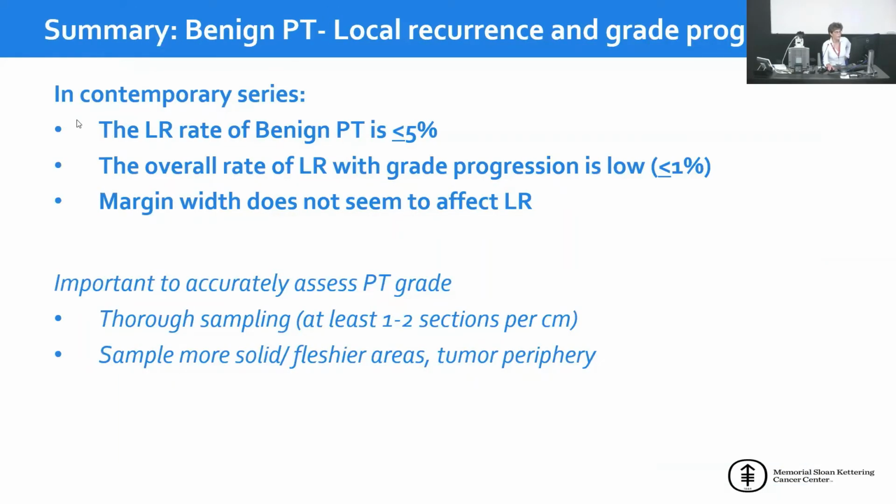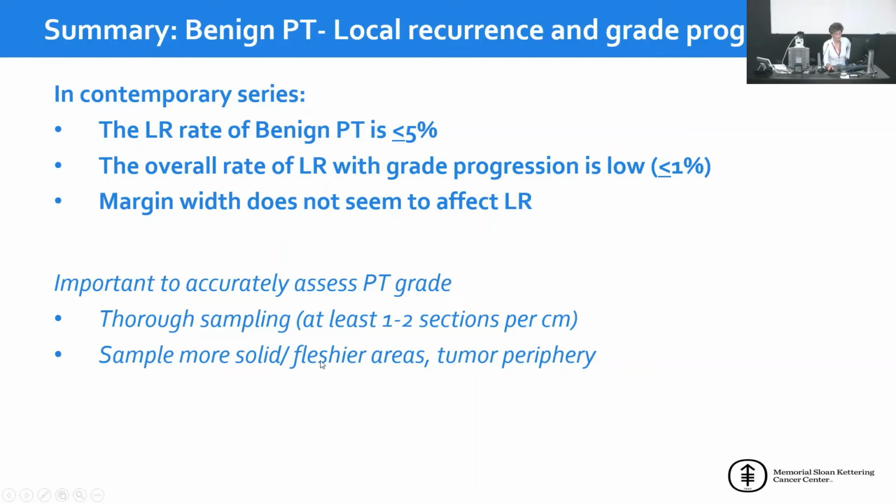So in this contemporary series, the local recurrence of benign phyllodes is up to 5% or less. The rate of grade progression is extremely low. The chances of having a benign that will recur as a malignant is extremely uncommon if you do a good sampling and a good classification initially. And the margin width does not seem to affect the local recurrence rate.